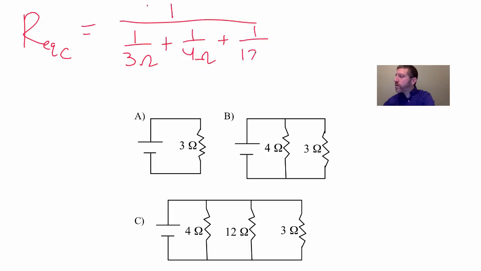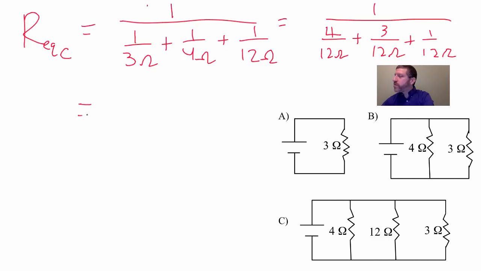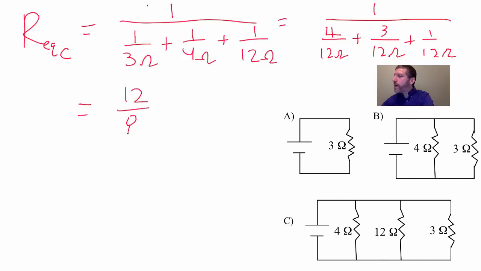Doesn't matter what order, as long as I put them all in parallel there. And common denominator is 12 again. So this is 1 over 4 over 12 ohms plus 3 over 12 ohms plus 1 over 12 ohms. And we add that up. That's 4, 7, 8. 12 over 8 is what we end up with. 12 over 8 ohms, which is 1.5 ohms.